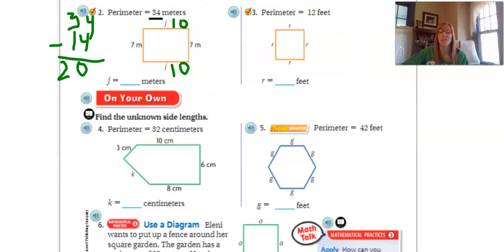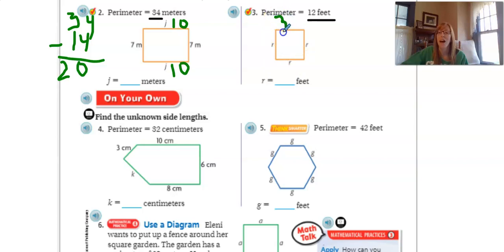All right, so this next one says you have a perimeter of 12. This is a square, so all these sides are equal. Think about how you could equally divide 12 into 4 equal sides. Hopefully you saw that 12 divided into 4 equal groups would be 3.